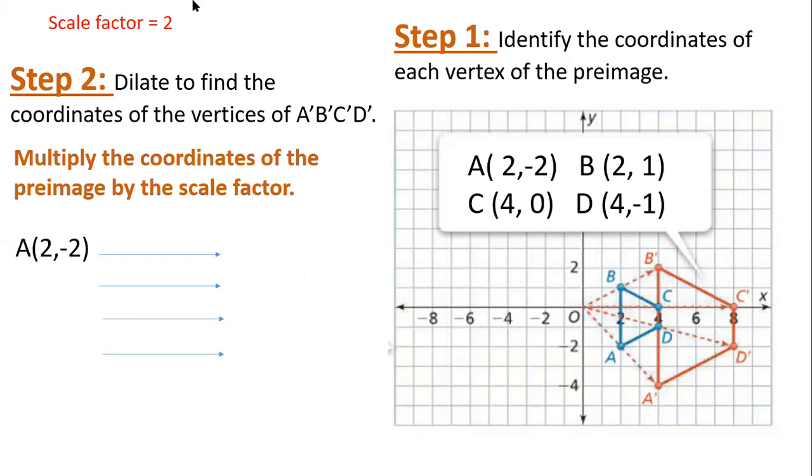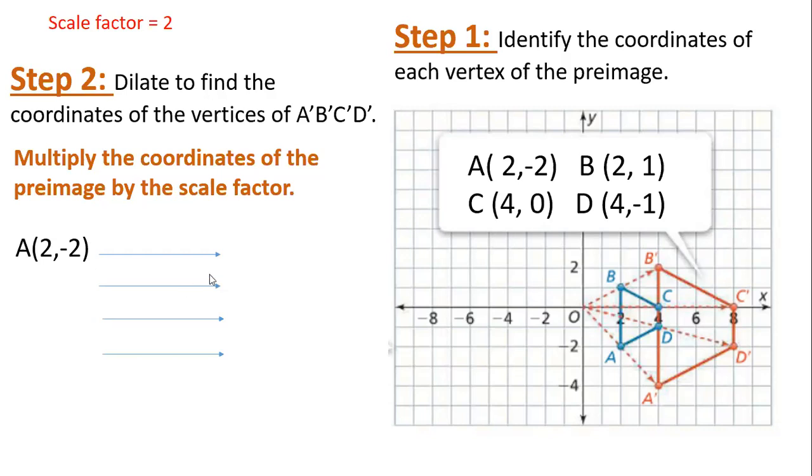Who will find for me the point A prime? Yalla, raise your hand. Who will find for me A prime? Mariam? Yes. A is 2, -2. How can I find A prime? We'll multiply it by 2.